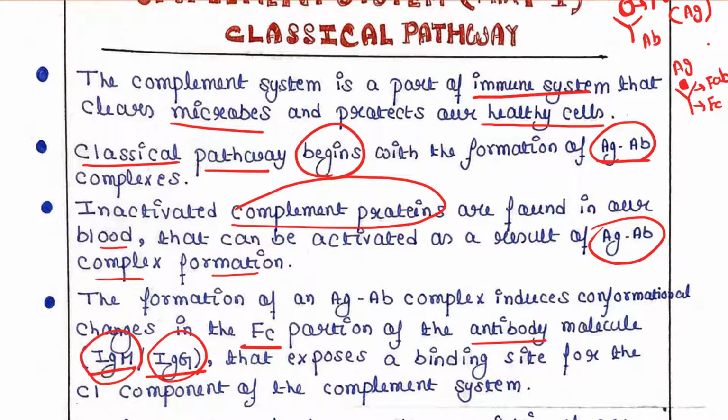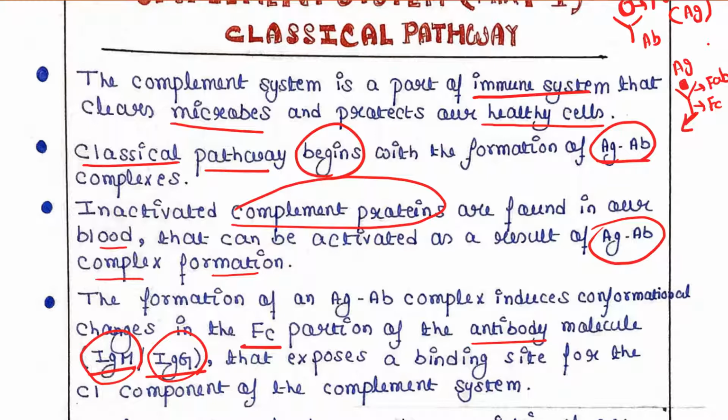And when an antigen-antibody complex is formed, it induces conformational changes in this Fc portion that exposes a binding site for the C1 component of the complement system.